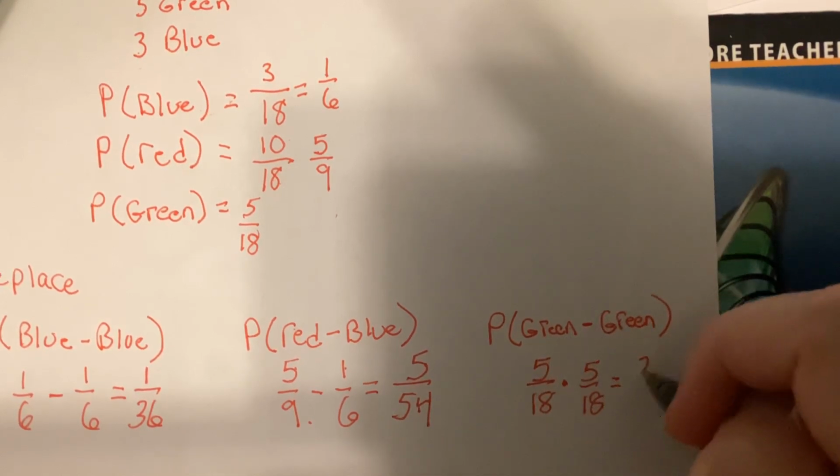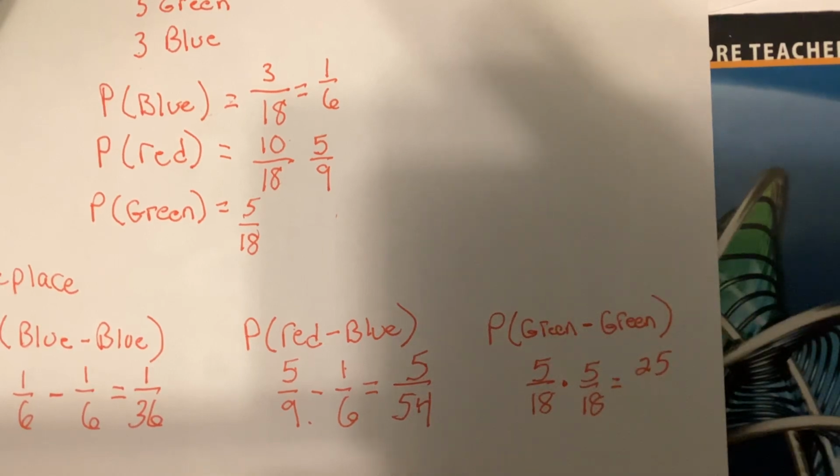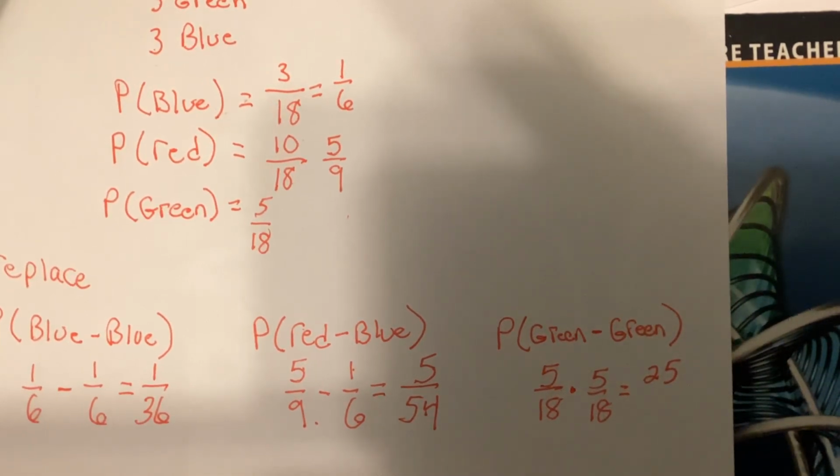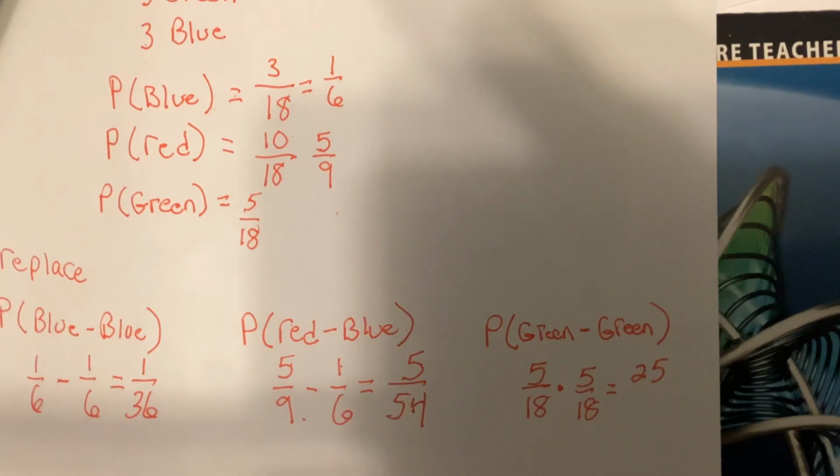So it'd be 25 over 18 times 18. And 18 times 18 is 324.